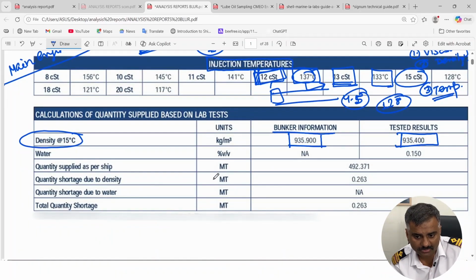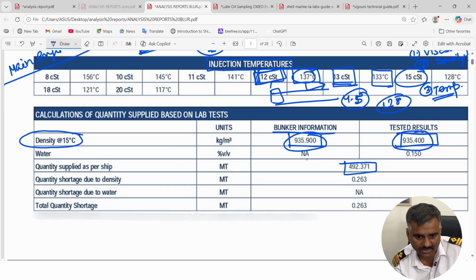Okay, now coming to the lab analysis report. Total quantity supplied was 492.371 as per the BDN. Since there was a difference in the bunker BDN density, you can see 0.5 is the difference.